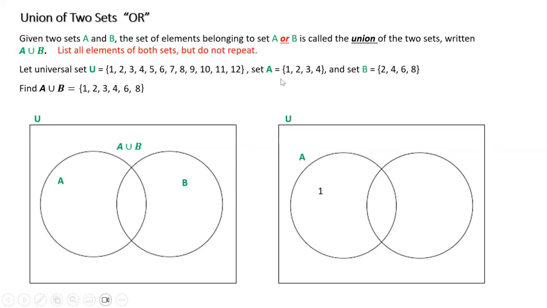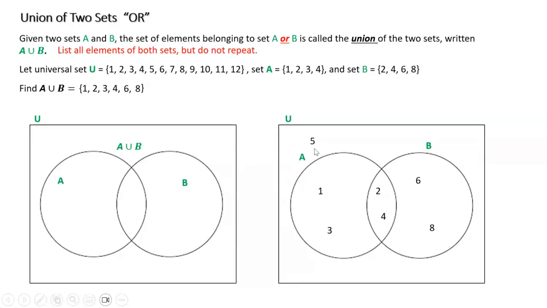Which is 1. The 2 goes here in the middle. The 3 goes there. The 4 goes in the middle because that's what they have in common. Now we go to set B, right? Set B has 2, 4, 6, 8. So we got the 2, we got the 4, we need the 6, and we need the 8. That's how we represent A union B, which means all this right here.